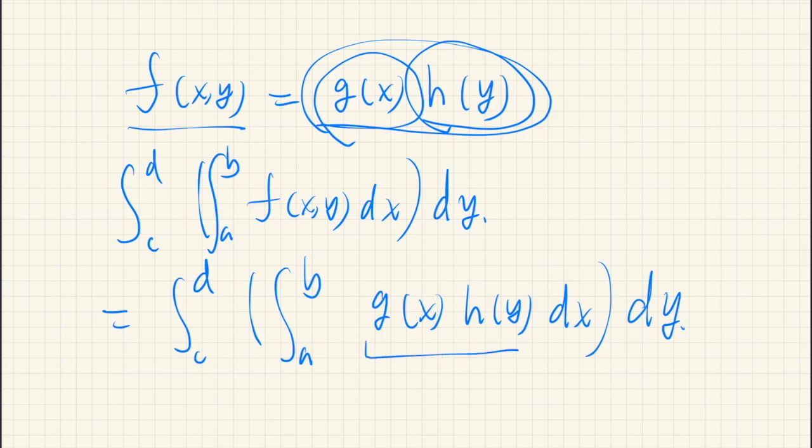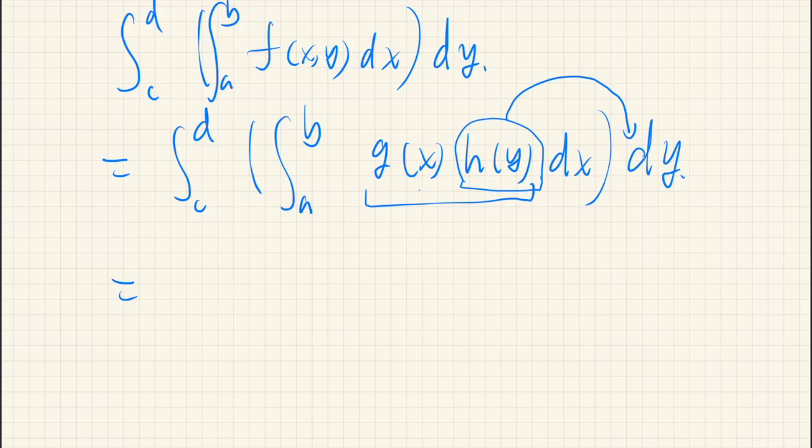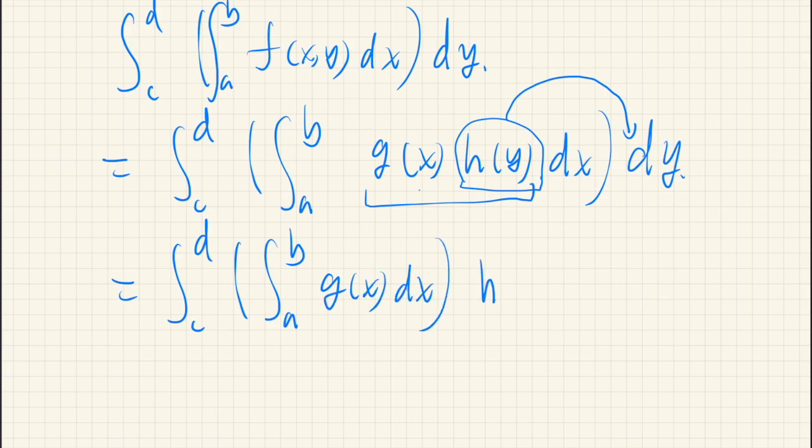Now, h of y is just a constant as far as the variable x is concerned, so it can be taken out of the integral. That will be the integral of g of x dx, and h of y dy.